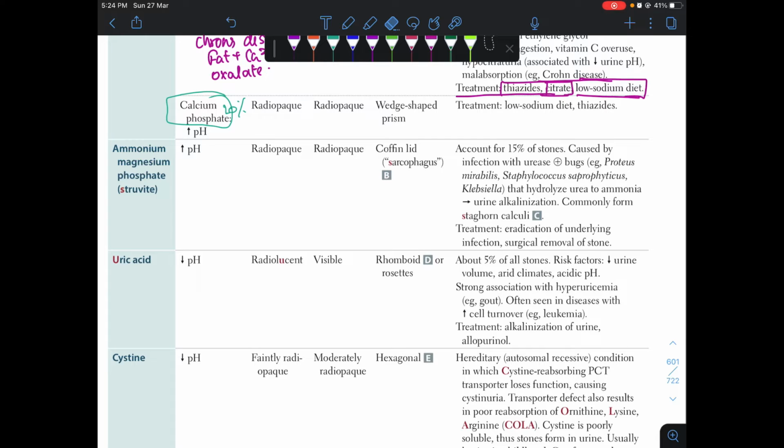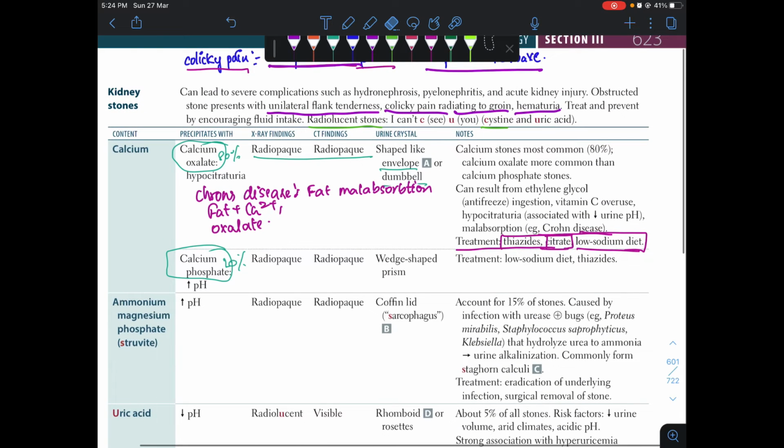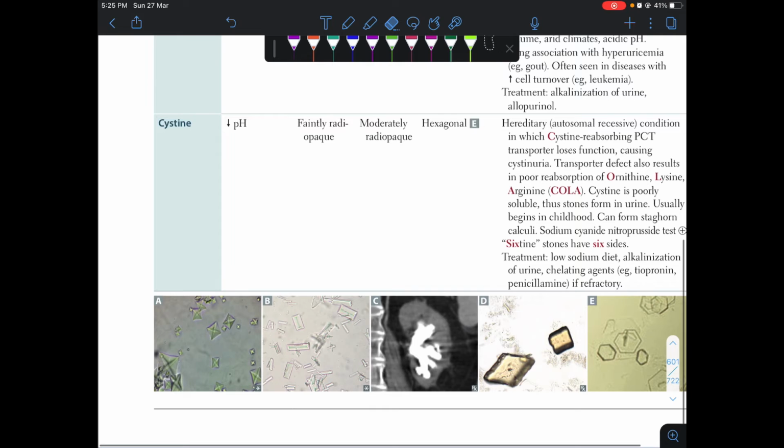And the next kidney stone is ammonium magnesium phosphate stone. These are also called struvite stones, and present with increased pH, that is, alkaline pH. These stones are also radio opaque on both CT and X-ray, and are coffin lid shaped, sarcophagus, as we can see here.